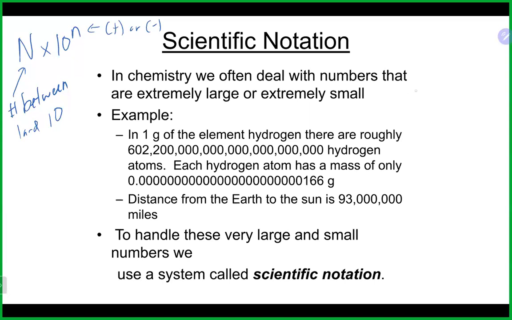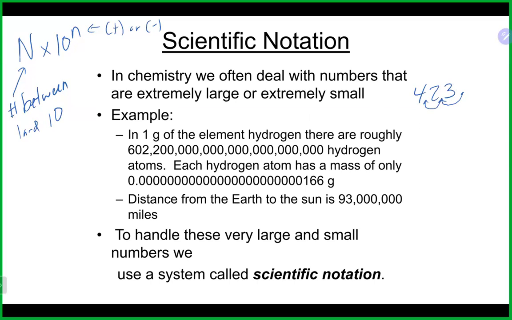So for example, if we had 423, although there's no decimal point written there, we would assume it would be down here at the end. If we went one place to the left, that's going to make it 42.3, which is not a number between 1 and 10. We go one more place to the left, that will make it 4.23, which is a number between 1 and 10.